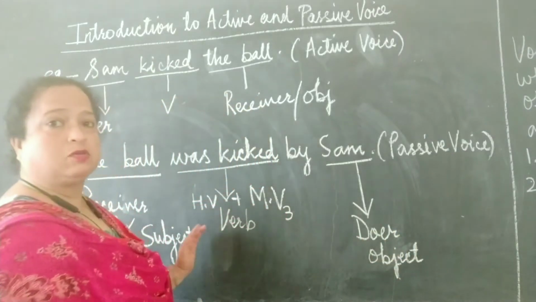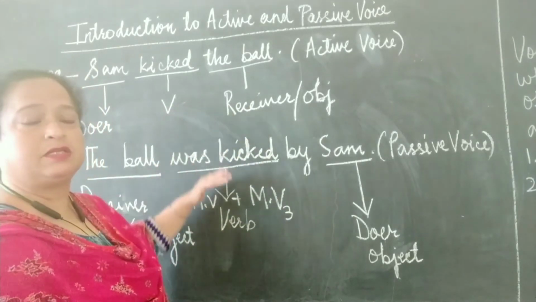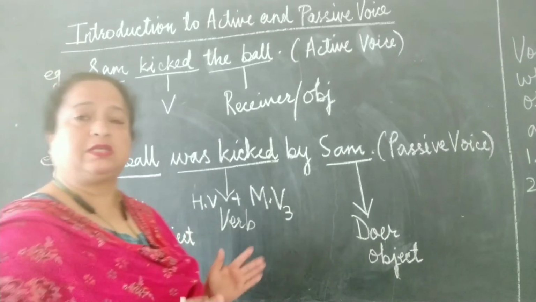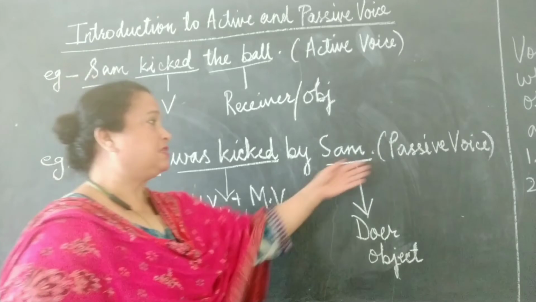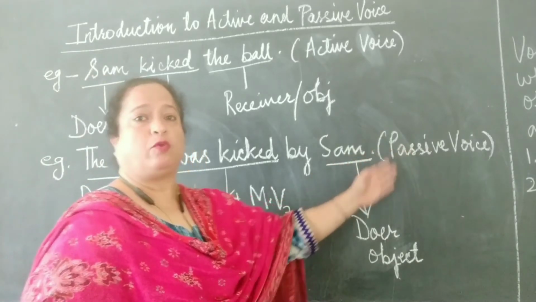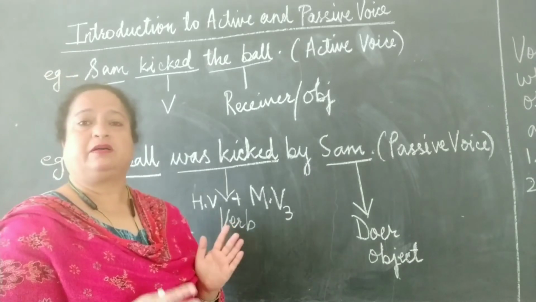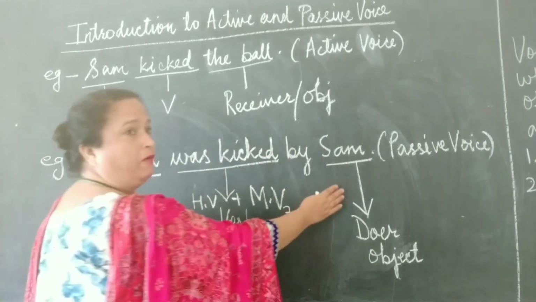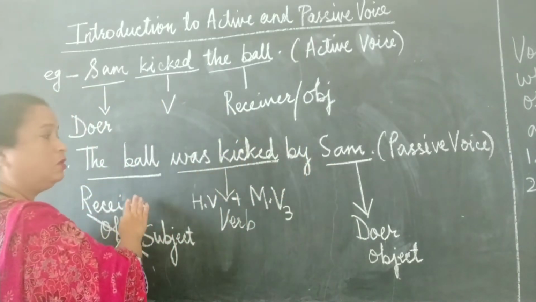Now if you get to see this sentence, we have both the sentences written over here. But the difference is what? That both the sentences mean the same. But the difference is that in the passive sentence or the passive voice, we change the places of the receiver and the doer. The doer takes the place of the receiver and the receiver takes the place of the doer.